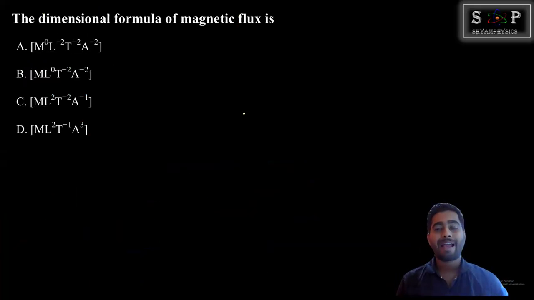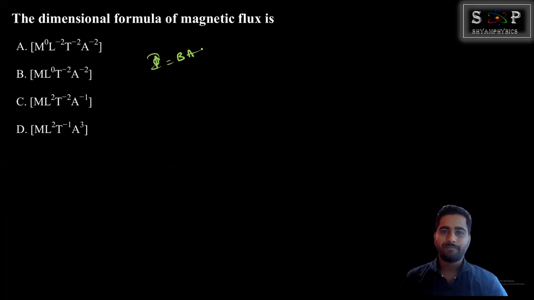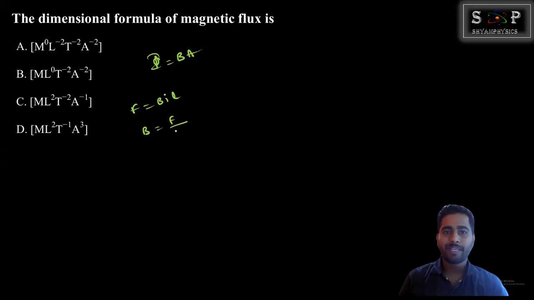Dimensional formula for magnetic flux. Magnetic flux is equal to B into A. Now, to write B, F is equal to B I L, so B is equal to force divided by current into length. Substitute that value here: force per current length, into area.